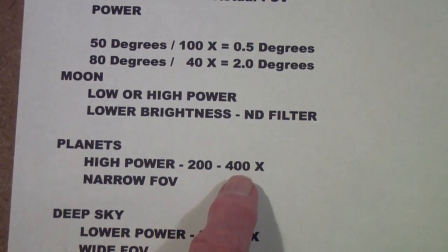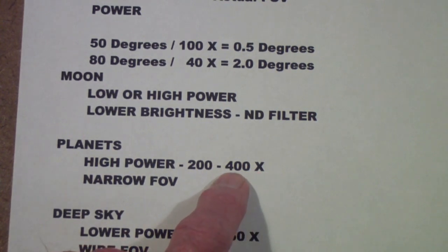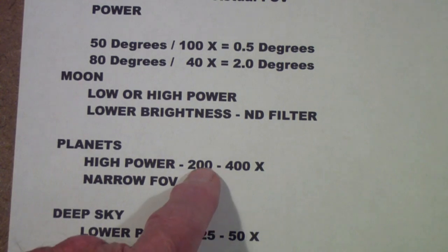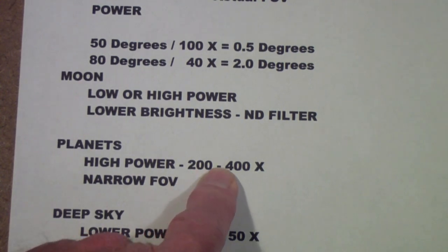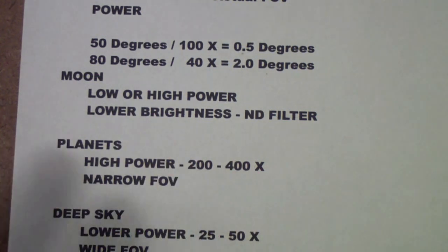Now, depending on the size of your telescope, most 8-inch Schmidt-Cassegrains can handle 400 power. But a 4-inch, for example, you probably should stay down in the 200 to 250 power range, because you're limited by 3 things.